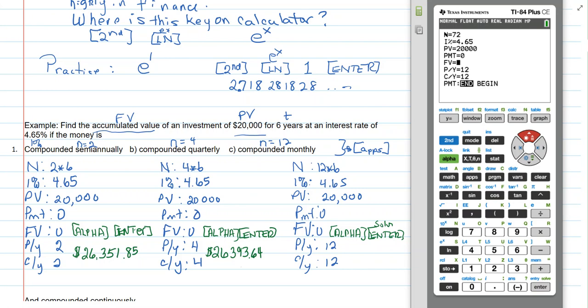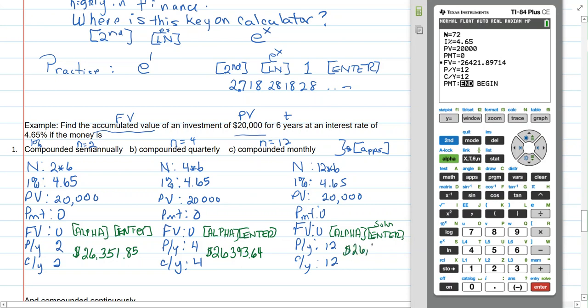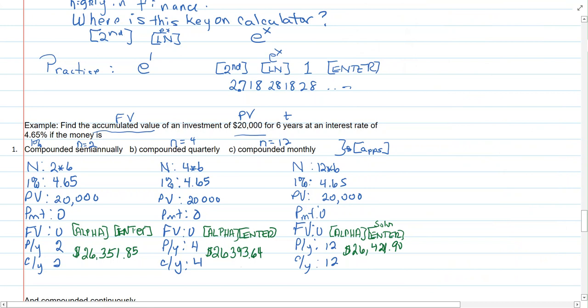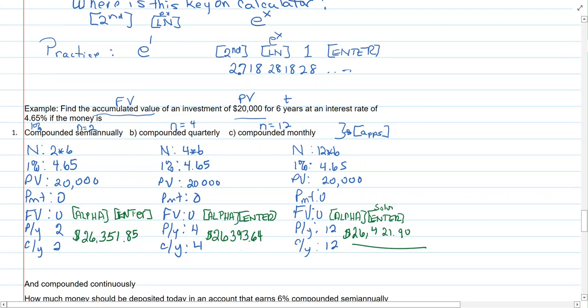Now I'm going to do an alpha enter, and I'm going to have a dollar amount of $26,421.90. All right. In each case, we've been increasing.